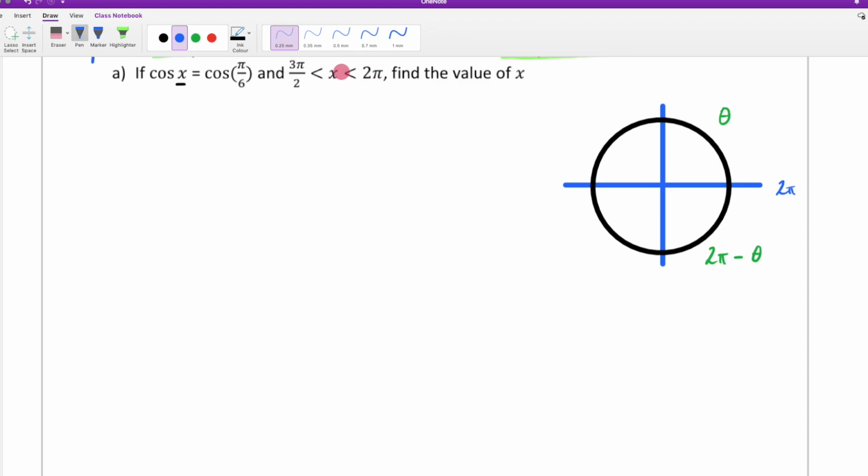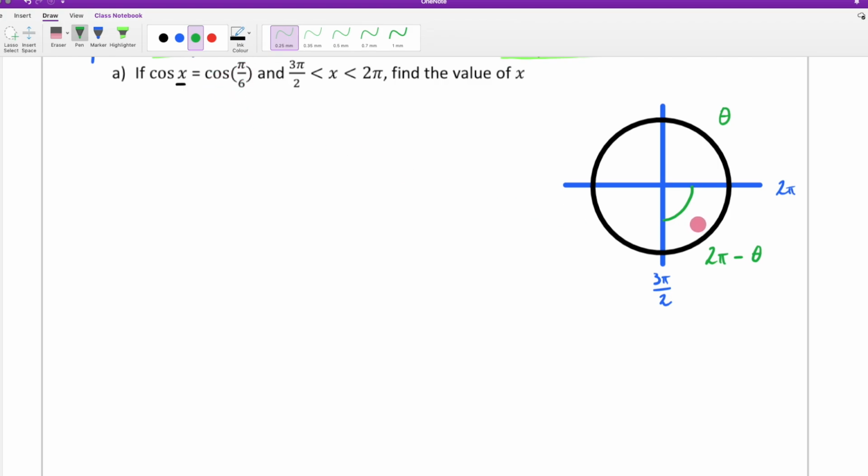Next, let's look at our domain. Our domain is saying that x exists between 3 pi over 2 and 2 pi. So here is 3 pi over 2 right here, and 2 pi I've already labeled. So our angle is going to exist between here and here, which excludes this angle right here. Of course, if it was to be my first quadrant, it would be cos of pi on 6 equals cos of pi on 6, and what a boring statement that is.